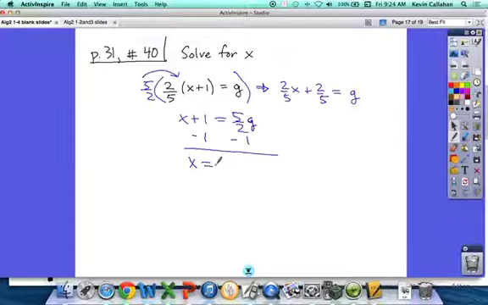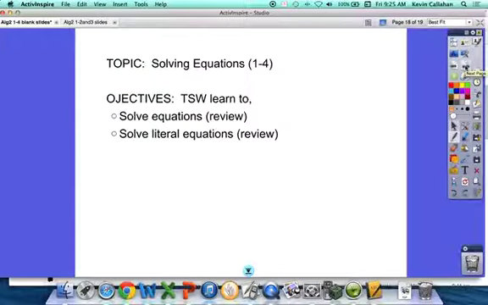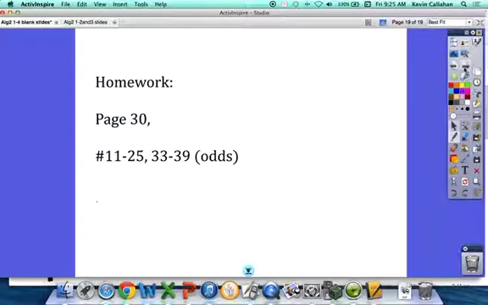One of them has a g, one of them doesn't. You're just going to have to write them in a row. 5/2 g minus 1. Done. I think that's easier than having to subtract 2/5 and then multiply everything by 5/2. So if you see a fraction in front, just multiply by the reciprocal right away. Probably a little easier. That's what we did. That's the homework.